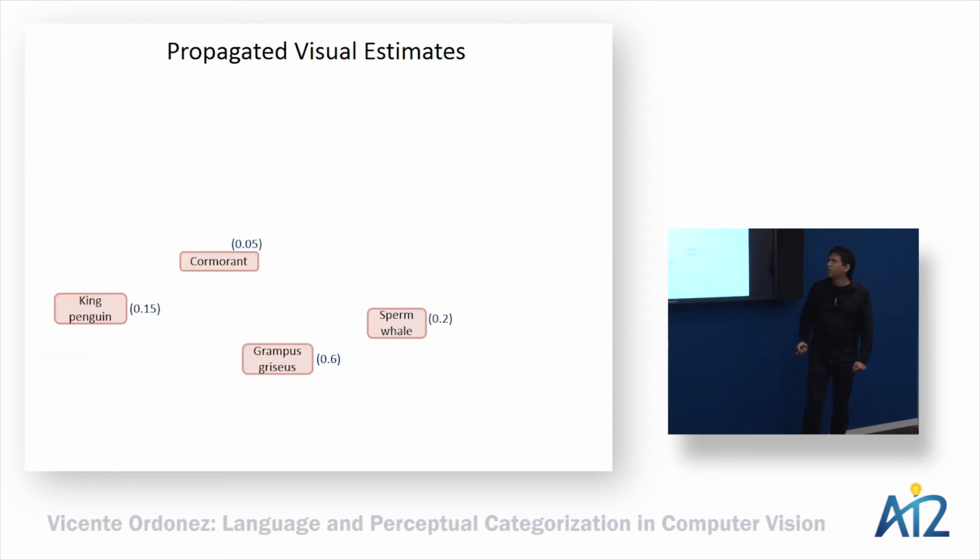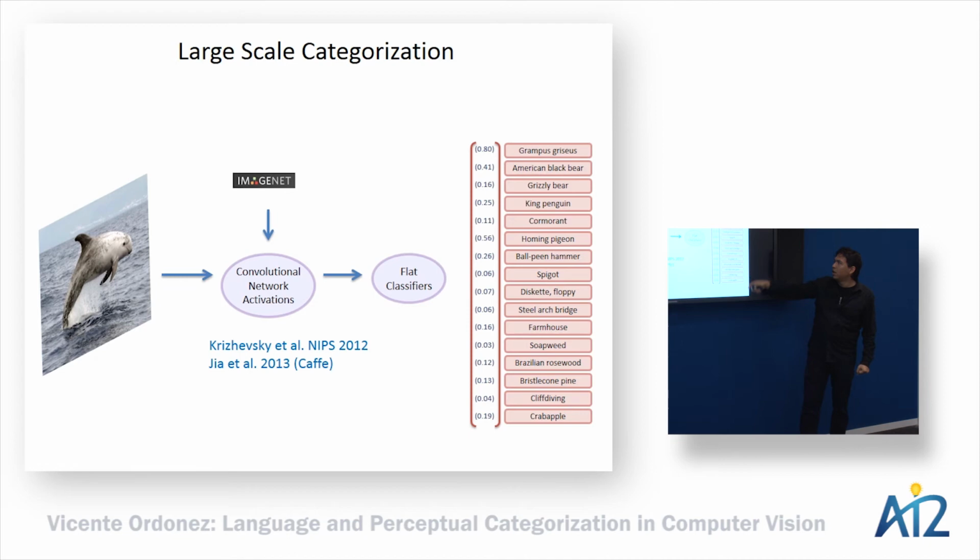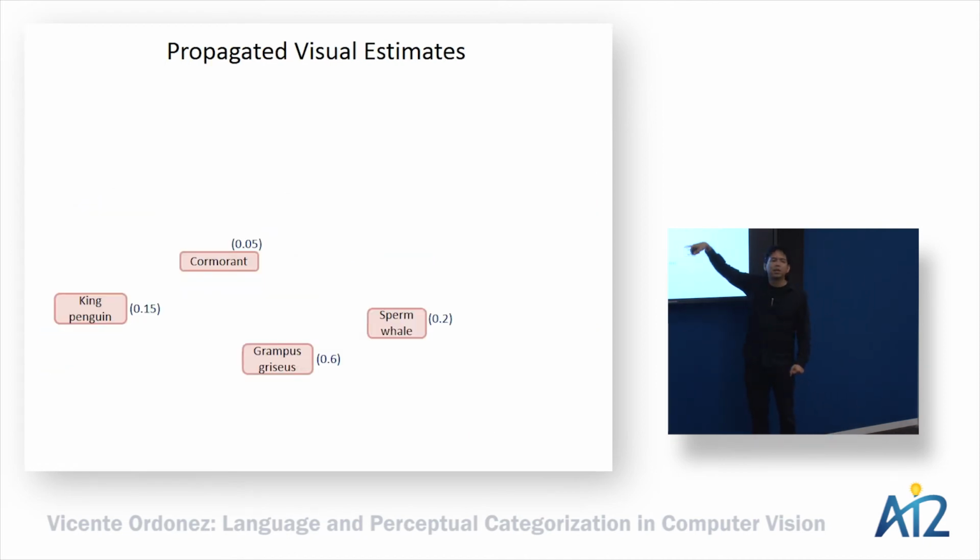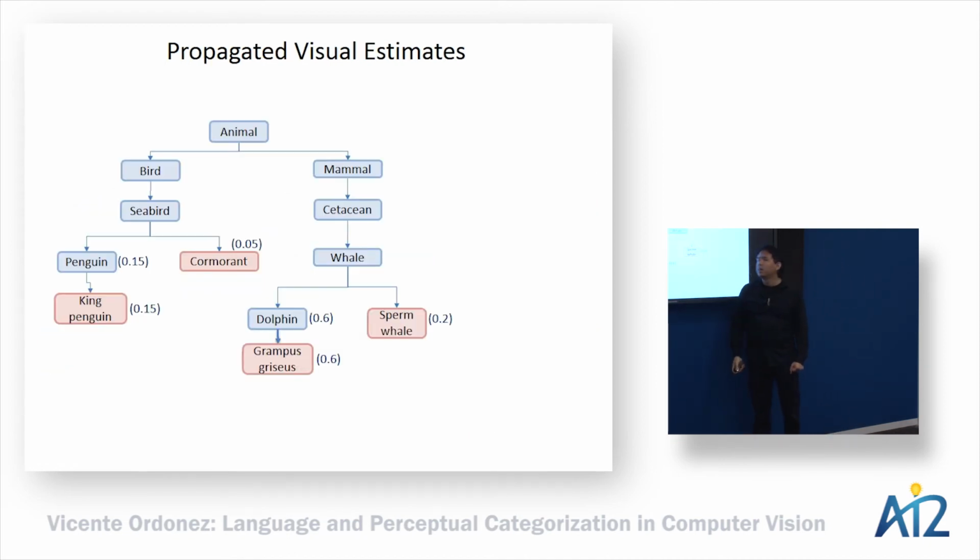And the first approach we tried was to take these outputs and put them back in the WordNet hierarchy, and then propagate the scores up the tree. So if you output words that are closer to the root, then you're less likely to make mistakes, but you also give information that might not be too useful, because it might be more useful to know that this is a dolphin than to know that this is an animal.